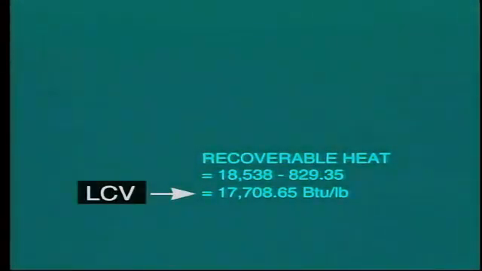In other words, the recoverable heat content of the fuel oil is actually 18,538 minus 829.35, and this equals 17,708.65 BTU per pound. This value is actually known as the lower calorific value, indicated as LCV.